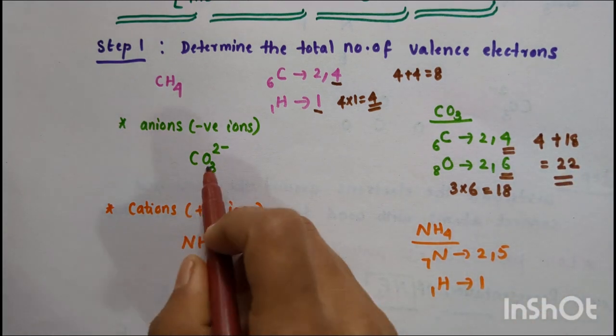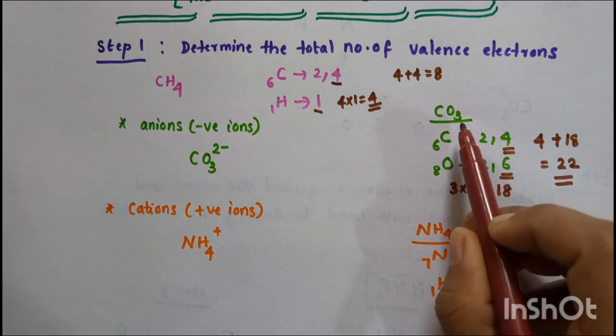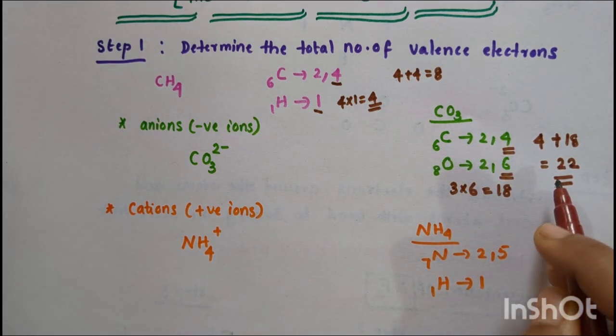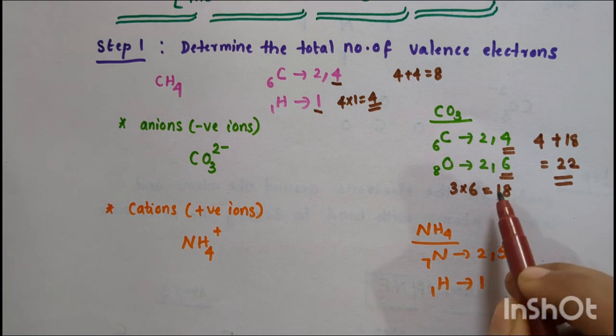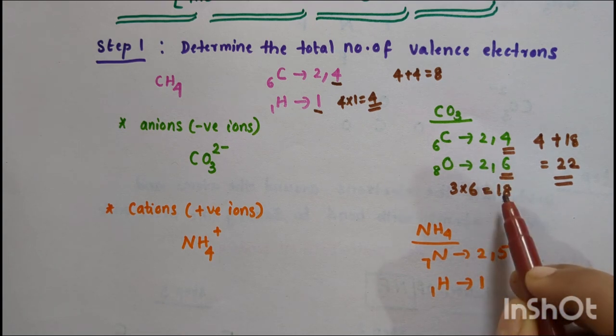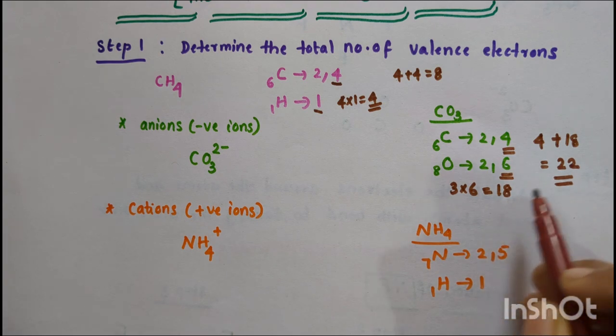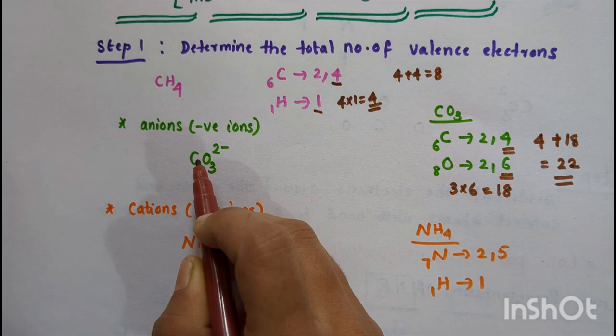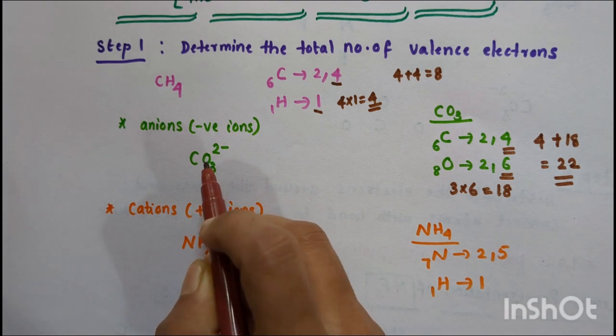So for CO3, the total number of valence electrons is equal to 22: 4 from carbon, 6 from each oxygen atom, so from 3 oxygen atoms, 3 into 6 equals 18. So total 22. Now for the CO3 2 minus ion, the number of valence electrons will be what?